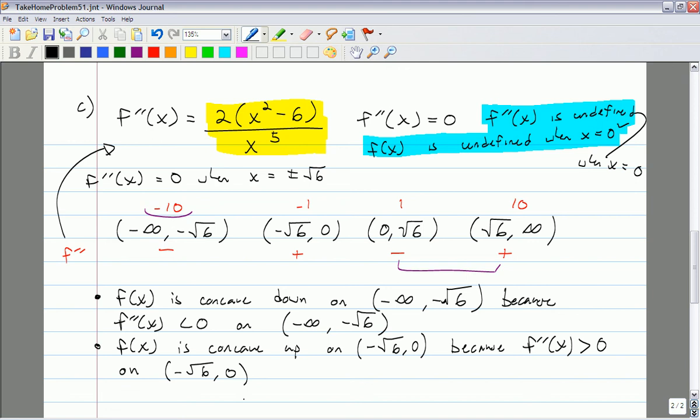I'm going to check that one real quick again. Let's see, negative 1 into f double prime. That was a negative divided by a negative, which was positive. Okay.